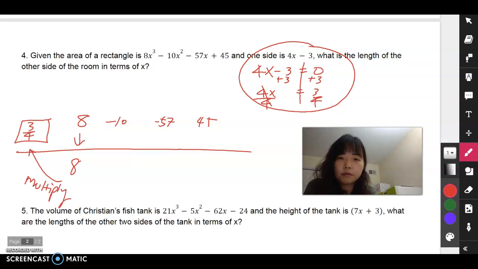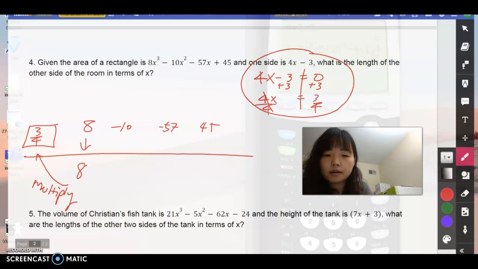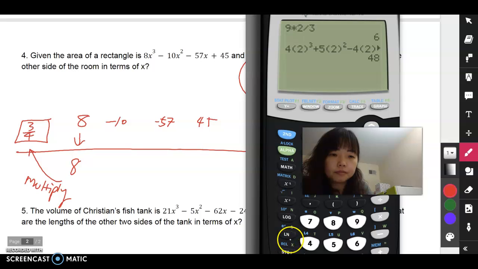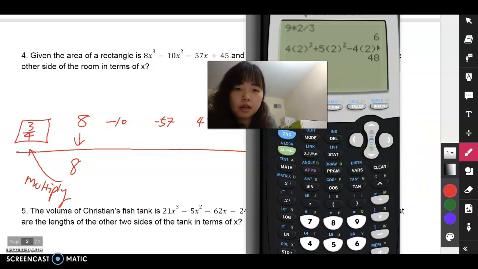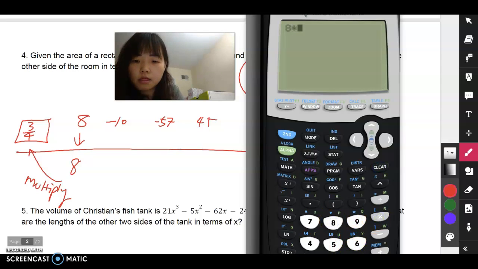Right now I'm still waiting for the calculator to come. There it is. In the calculator, we need to make sure we enter it as 8 times 3 divided by 4.